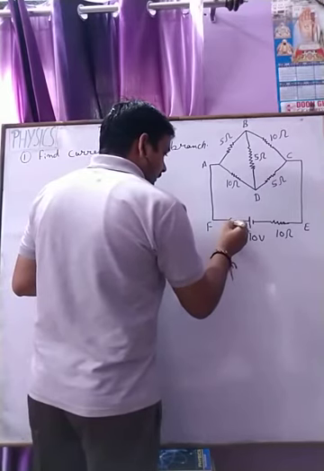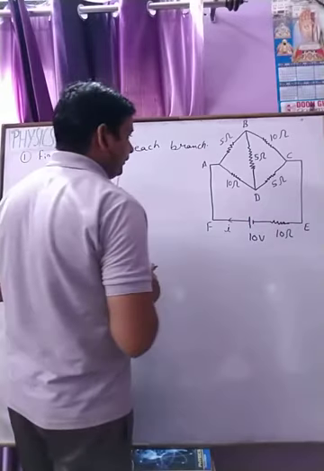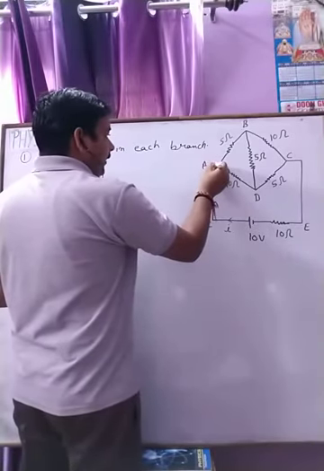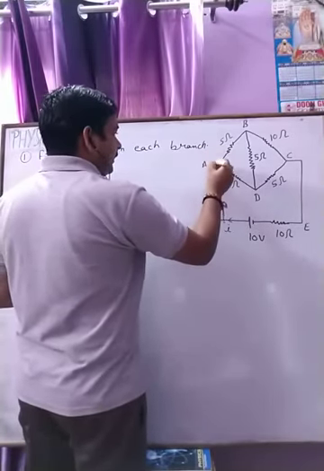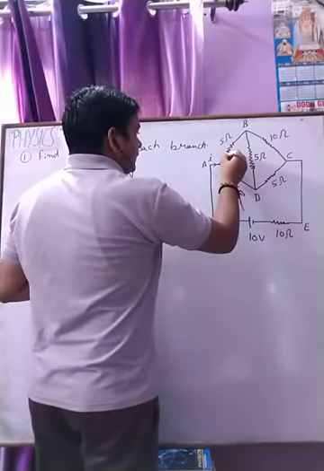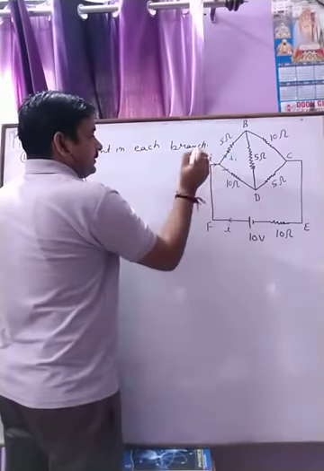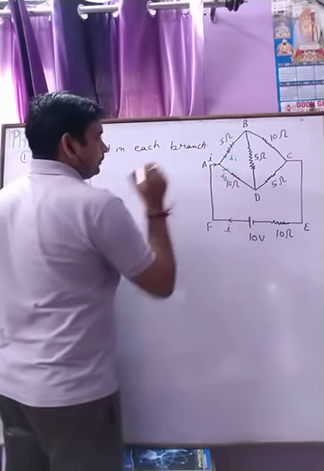Suppose current I starts moving from the battery, and when it reaches the junction point, the current will distribute in this branch as I1 and this branch as I2.